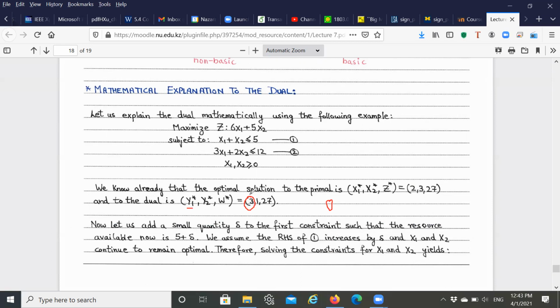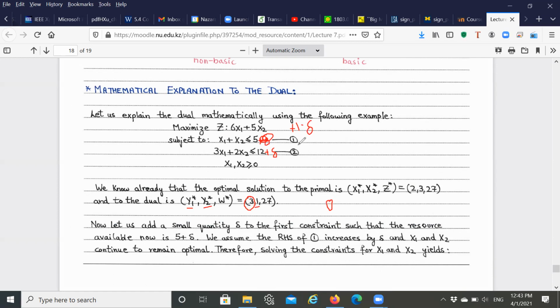Or in other words, if instead of adding plus delta over here, I cancel this and add a plus delta over here, and I again solve these equations and substitute in Z, would I get an extra term in Z, plus 1 times delta, which would be the solution to y2?